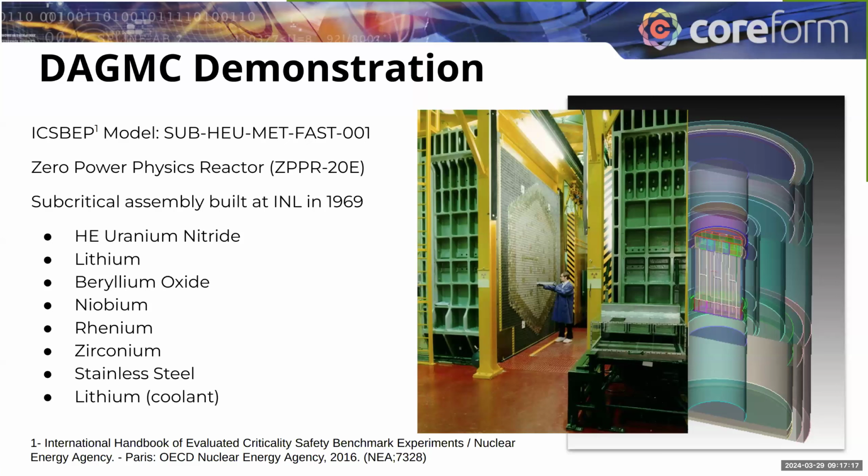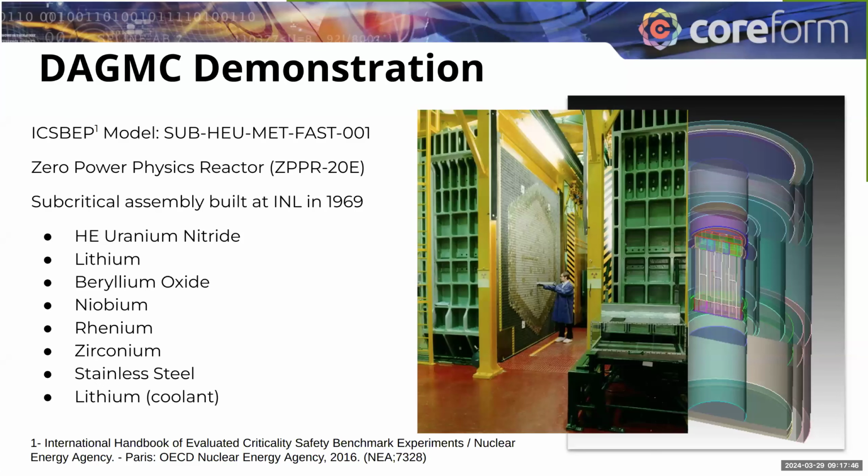This particular configuration of the subcritical assembly contains a whole slew of different materials, and it was designed to explore what would happen if the space reactor was embedded in Earth in an accident scenario. So it contains all of these different things, and then around the outside of it is essentially a whole bunch of sand placed to see what neutronics effect that would have on the interior core.